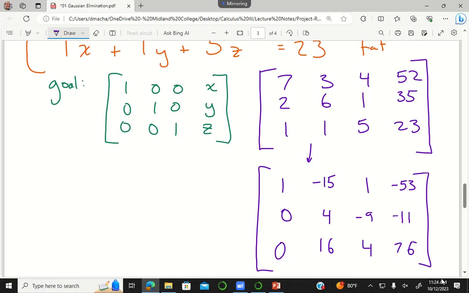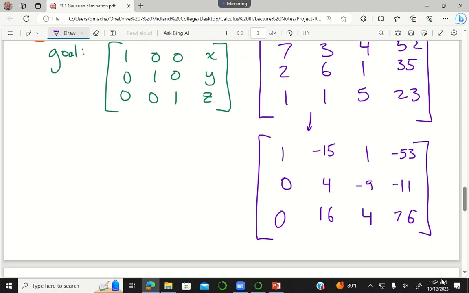The next thing that I'm thinking about here is making this 4 into a 1, but I can't think of an easy way to do that, so we're going to forget about that goal for right now, and then we'll move on to making the 16 into a 0.